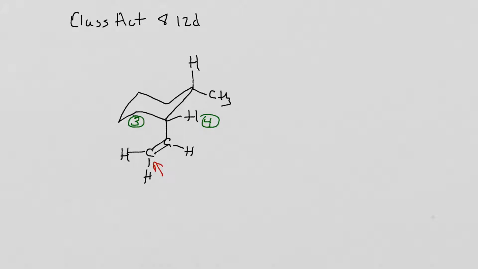So looking at this carbon, I can see that it's bonded to another carbon, because that double bond is going back to the carbon, and then hydrogen and hydrogen. And now what I want to do is look at this carbon, because I'm going to see that this carbon is bonded to hydrogen, hydrogen, hydrogen.